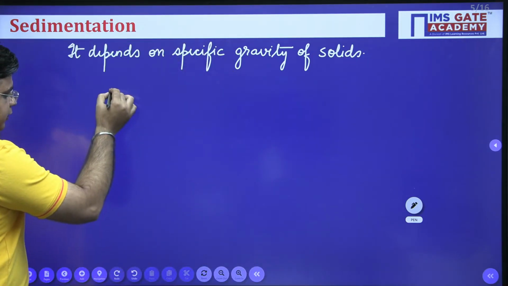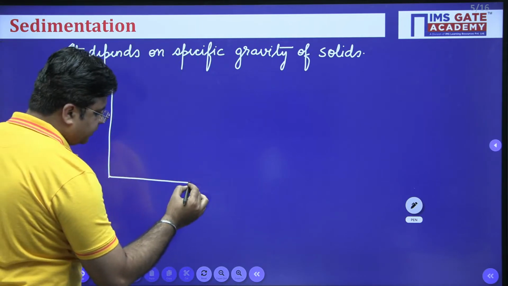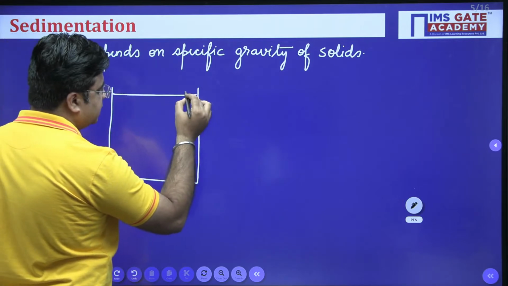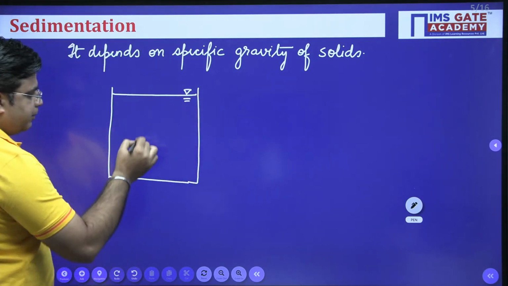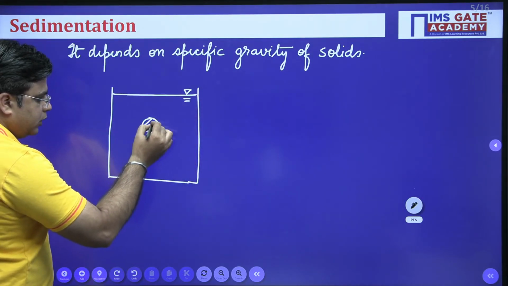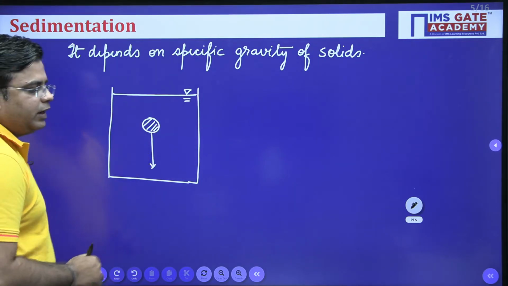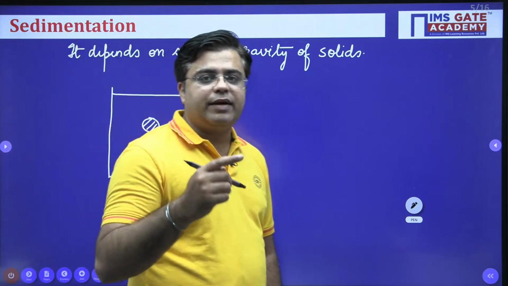The settling of these solids depends upon one single parameter which is termed as specific gravity. As simple as that. For example, this is my solid. The settling of this solid under its own weight will depend upon the specific gravity of the solids.